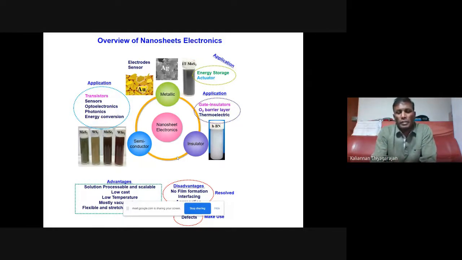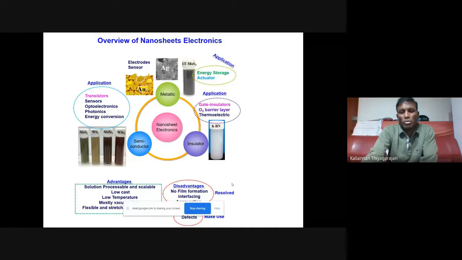Here there are some disadvantages. The film will not form uniformly over a large area. That is one disadvantage. And the interfacing between the nanosheets, if you have 2-3 sheets, the interface between the sheets will not be that great.